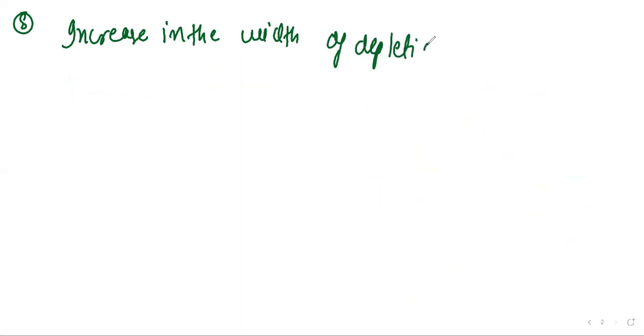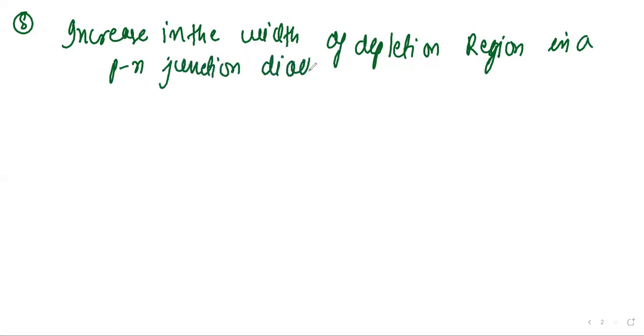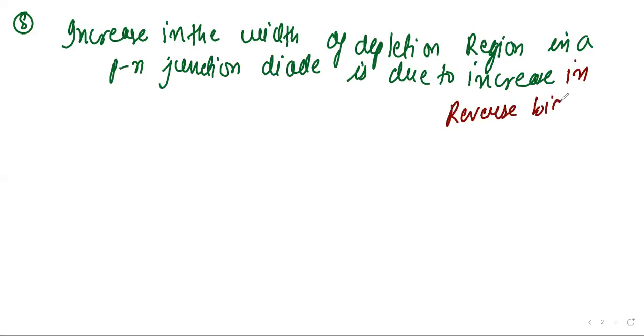Question 8: the increase in the width of the depletion region in a PN junction diode is due to what? It is due to an increase in reverse bias.